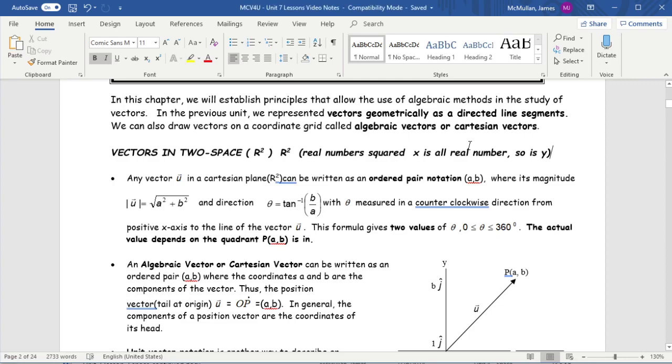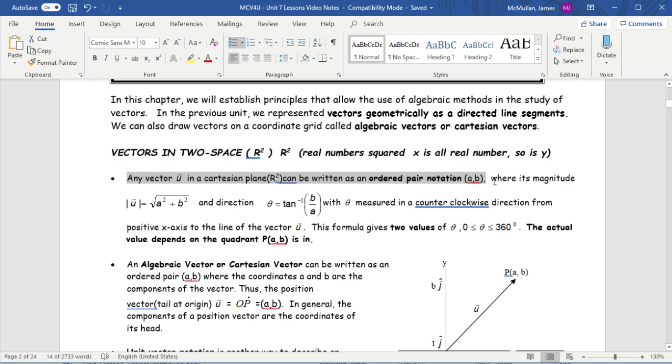You're in R squared. You have 2 axes of all the real numbers. Okay? Any vector in R squared can be written as an ordered pair. Any vector can be written as a combination of an x coordinate and a y coordinate, or an x vector and a y vector if you like.